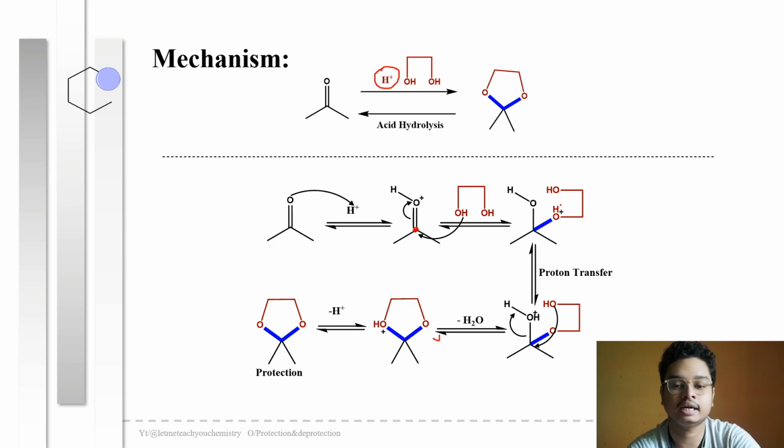Then a rapid proton transfer is observed. This particular proton goes here, and again it leads to a sudden increase in electrophilicity at this carbonyl carbon, so this OH will attack, this H2O goes out of the medium, and then after deprotonation we get the protected form.